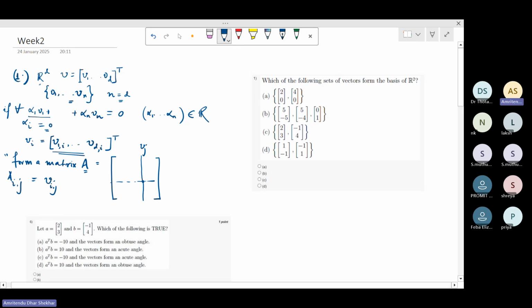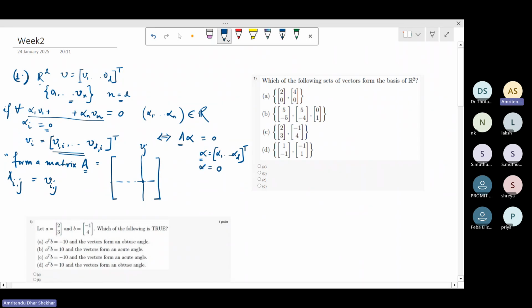So by saying that this thing does not have a solution, this is equivalent to saying that if you write an equation of this form, A alpha is equal to 0, where alpha is a vector over here, then the only solution of this is alpha equals all zeros.